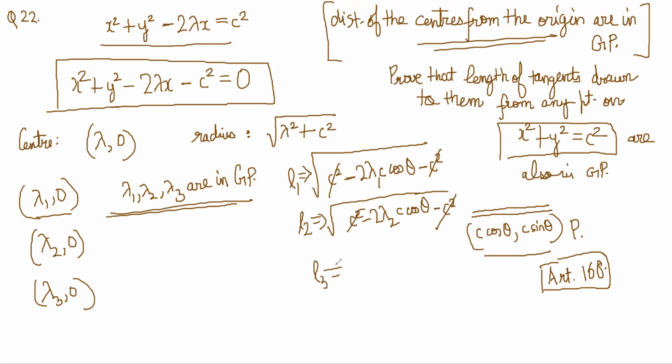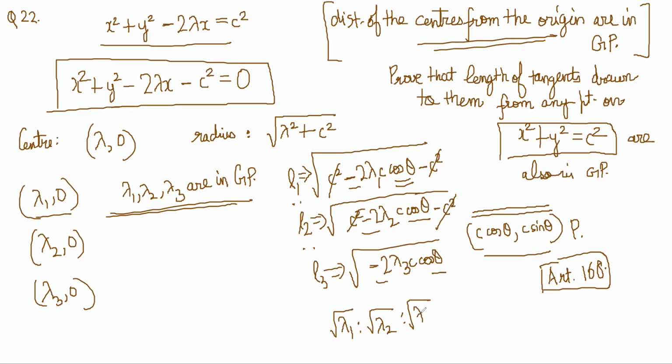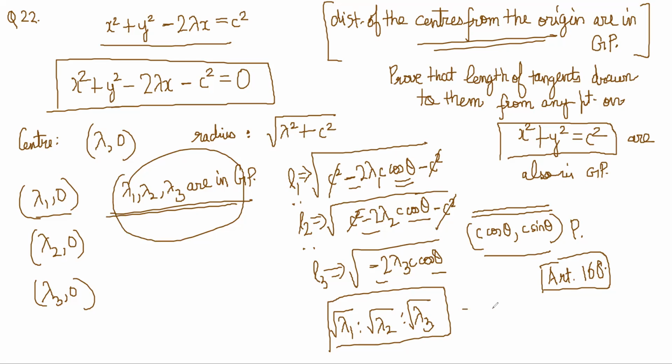And length 3 will also become minus 2 lambda 3 c cos theta. So obviously these are all constants, and lambda 1, lambda 2, lambda 3 are in GP. So this is also in GP, root of that. If you take ratio of L1 is to L2 is to L3, minus 2 c cos theta, root of that disappears. Everything goes away. It's just root of lambda 1 is to root of lambda 2 is to root of lambda 3. If lambda 1, lambda 2, lambda 3 are in GP, this is also a GP.